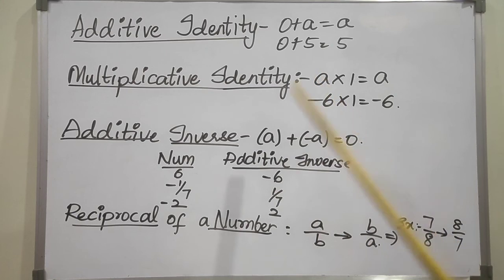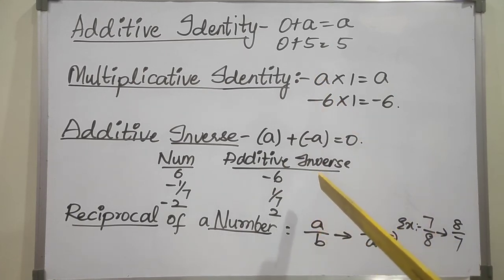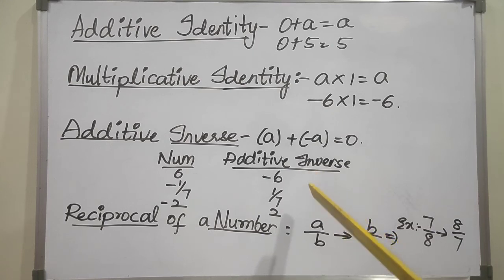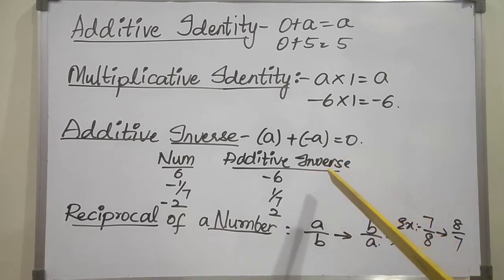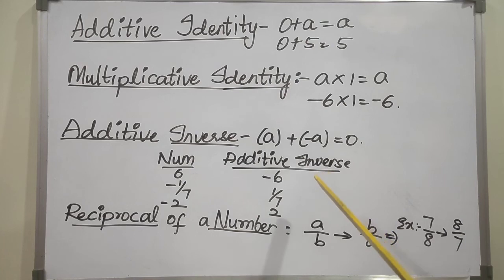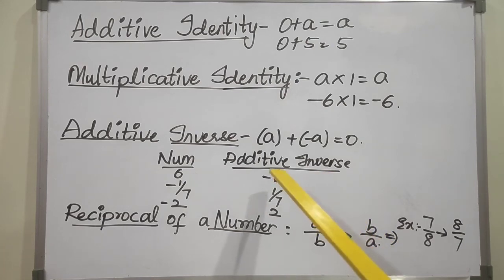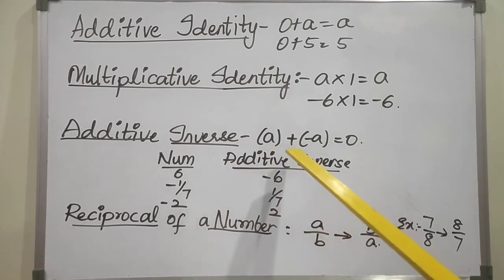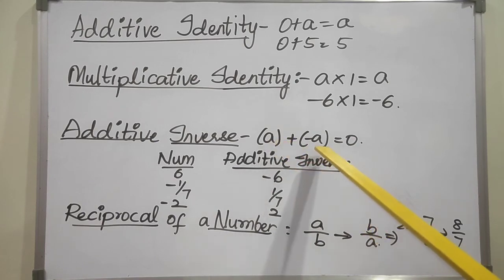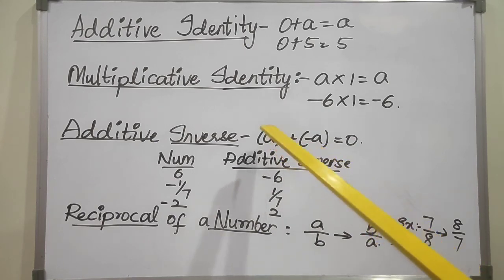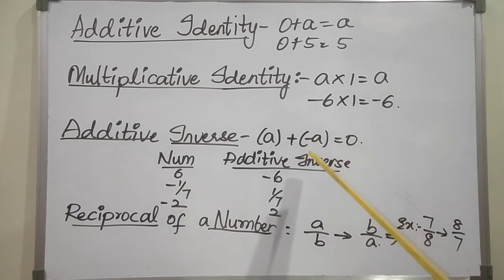Additive inverse of a given number is a number that when added to the given number gives 0 as the result. See, now here I have taken a and minus a as some integers or any rational numbers.